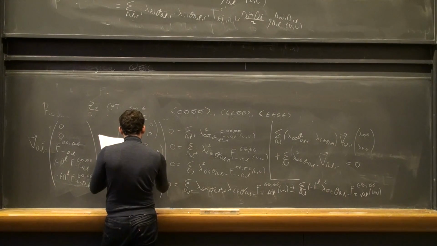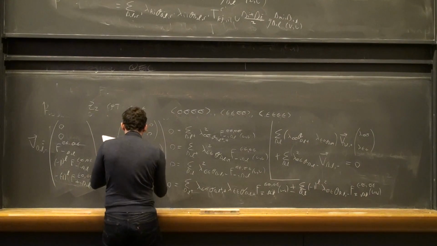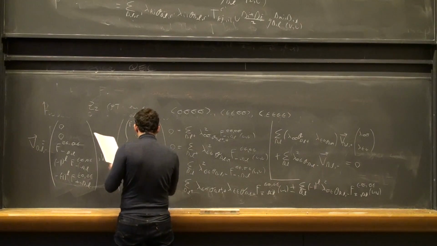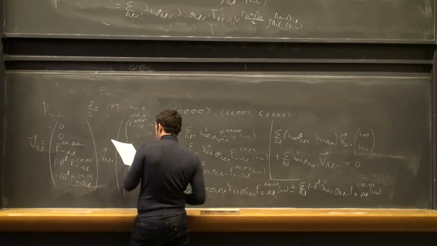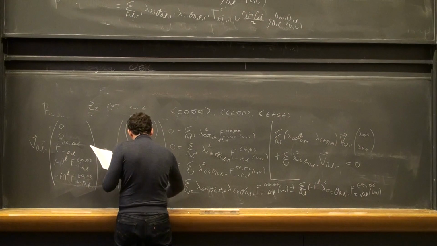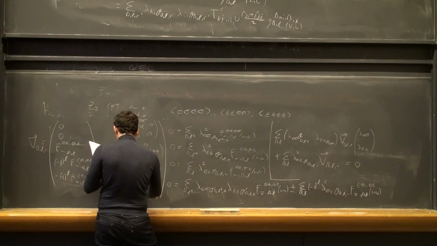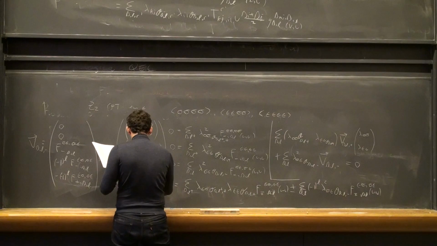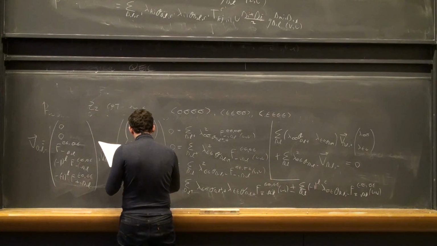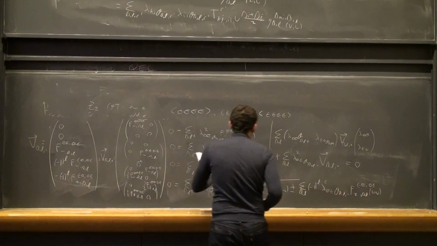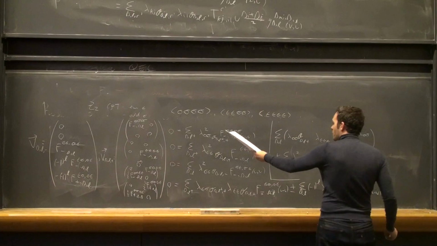For this off-diagonal guy, we have these f's, and then finally, the last entry, also off-diagonal, is just the same thing, except now we have f plus. So sigma, sigma, epsilon, epsilon, and half f plus, delta L, sigma, sigma, epsilon, epsilon. Okay, so this equation here, with these v's, is equivalent to these equations.